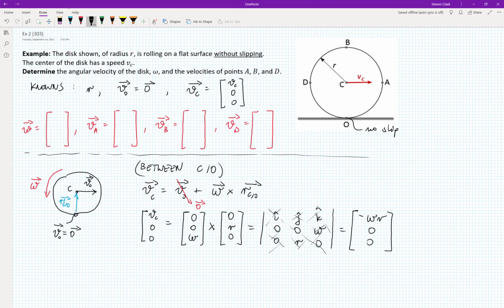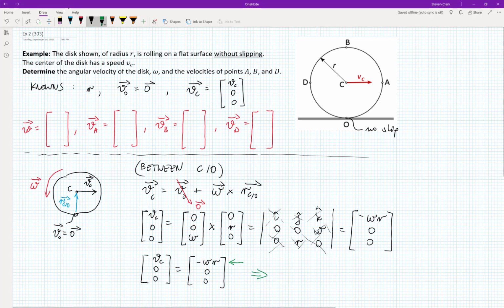VC, 0, 0. Okay, so we ended up with VC, 0, 0 equal to minus omega R, 0, 0. Okay, so we ended up with 3 equations, yes? But 2 of them are tautology. The equations for the y components and z components are trivial. Yeah, and the only one that is useful for us is the one in the x component.